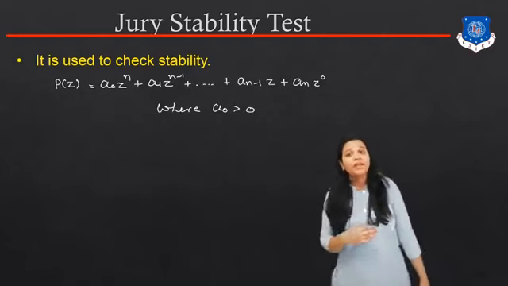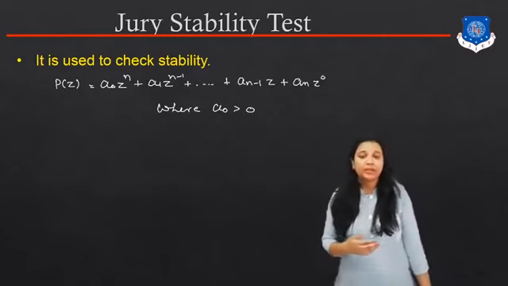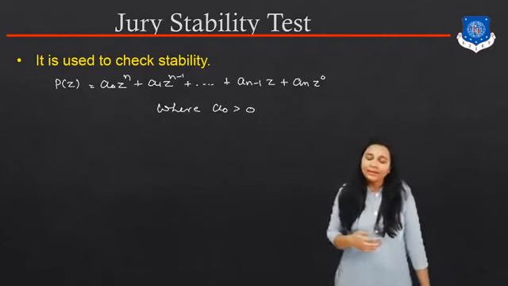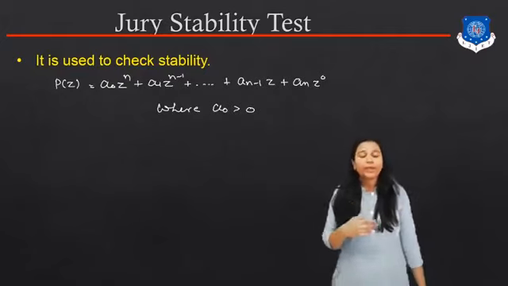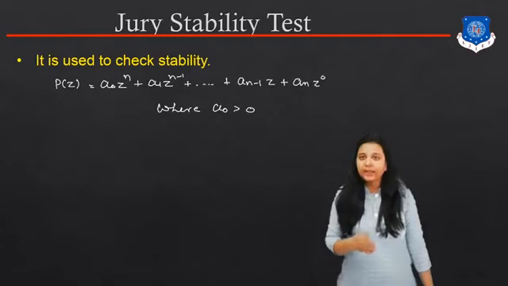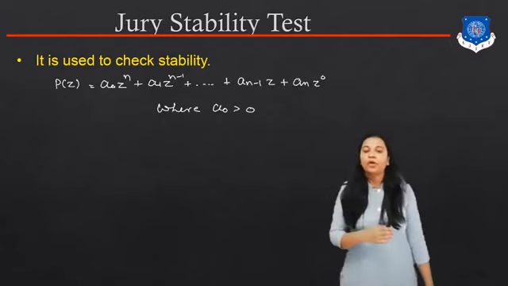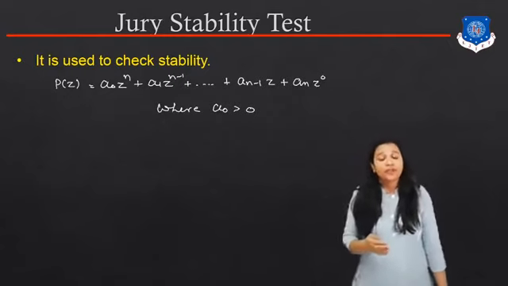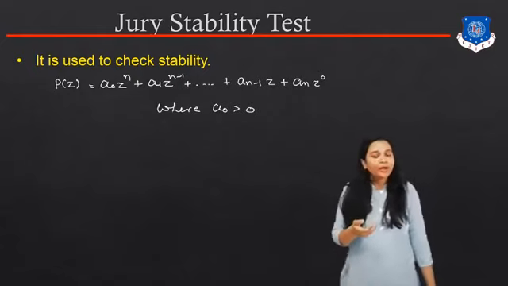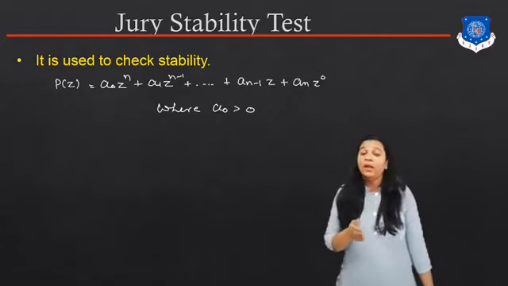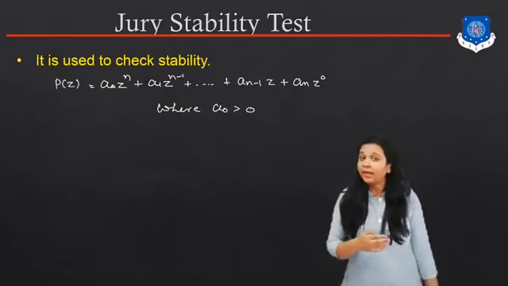Now, why can we use the Jury stability test? Using the bilinear transformation method, we can identify how many roots are located in the right half plane or the left half plane, and we can easily identify if one, two or more roots are located in the right half plane using the Routh array method.